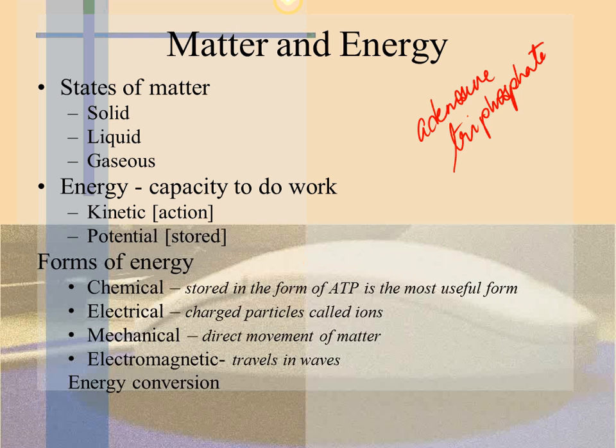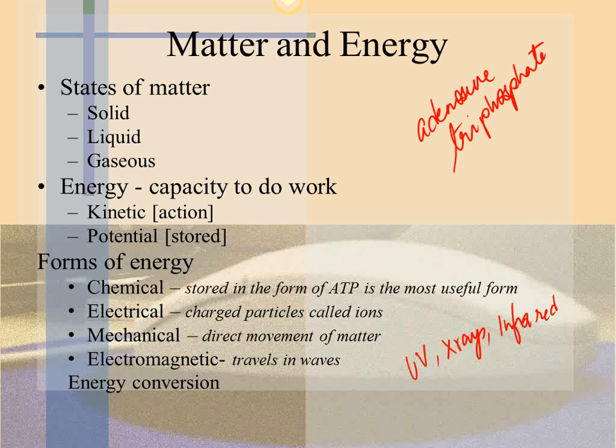And lastly, we have electromagnetic energy, which is also known as radiant energy, where it moves in waves like ultraviolet light, X-rays, infrared. All of these are electromagnetic kinds of energy. When the light waves hit your retina, for example, you're able to see.